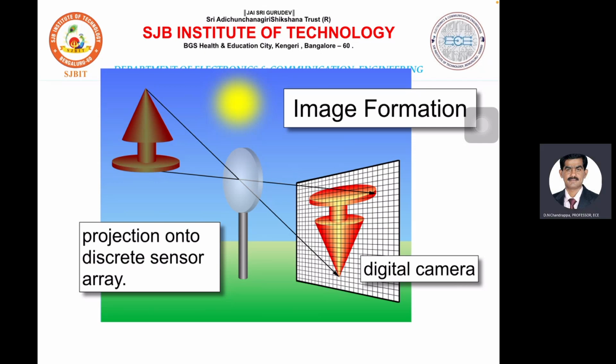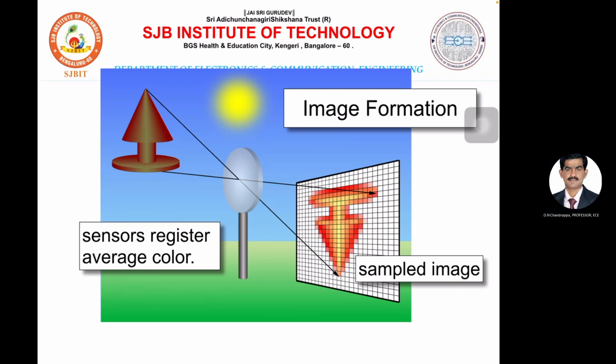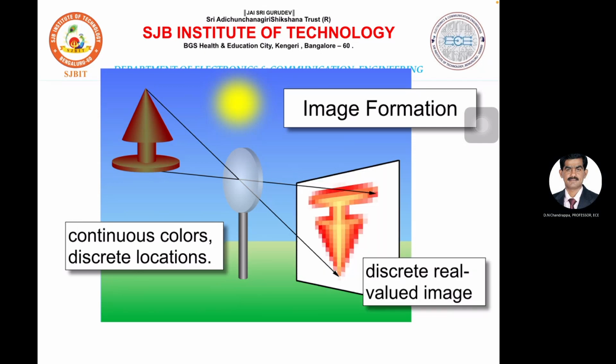The remaining diagram of image formation is as usual. The sampled image will be displayed in the plane, with continuous color at discrete locations. So the discrete real-valued image will be displayed in the plane. This is the general introduction to sampling and quantization.